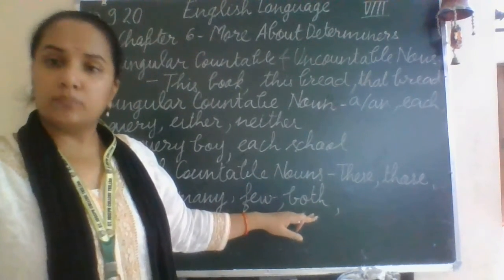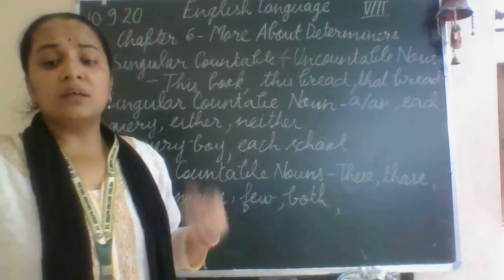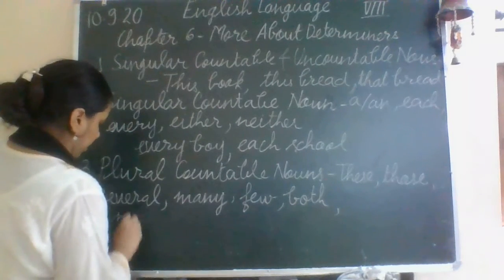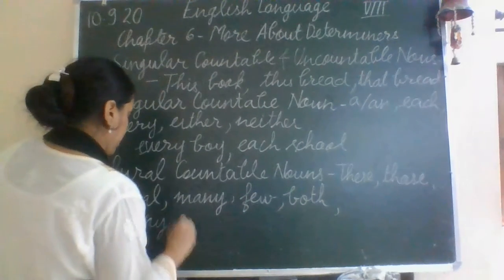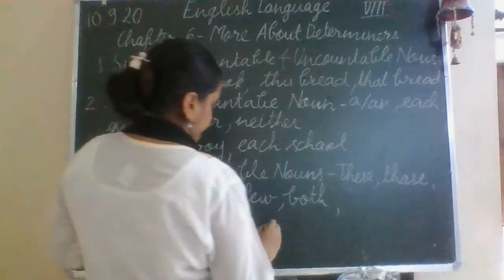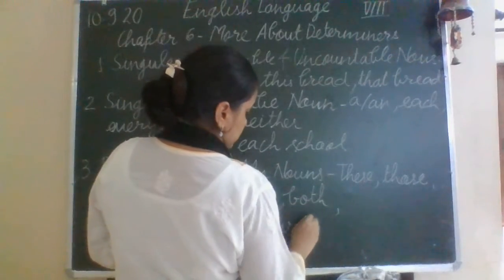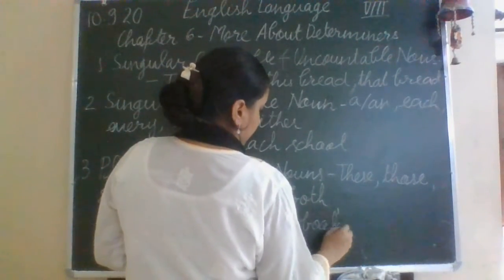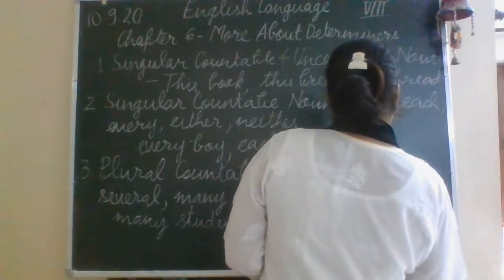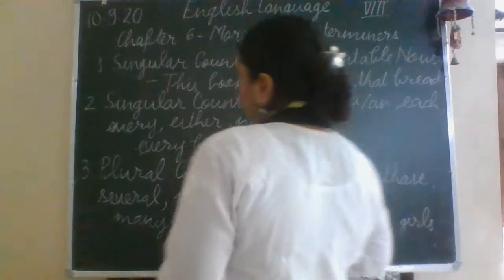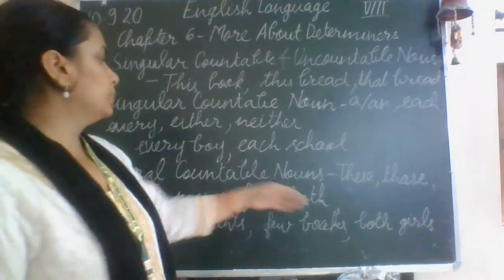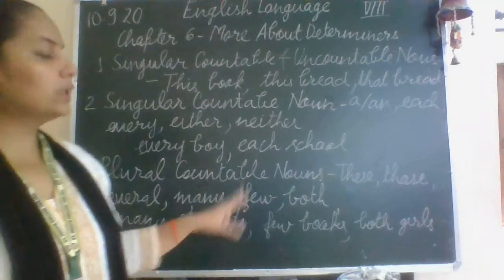Both of the girls, both the boys, these girls, many students, few books, both girls. All these can be the examples that these, those, several, many, few, both can be used with the plural countable nouns.